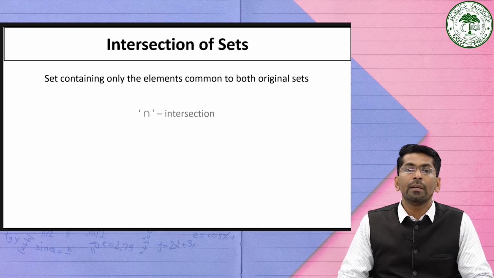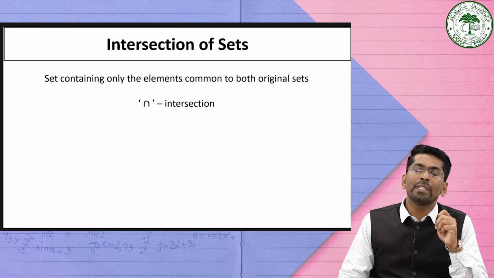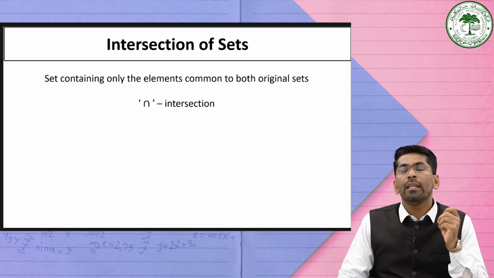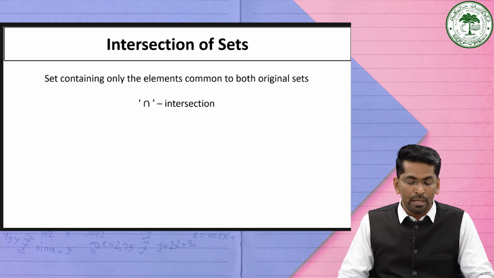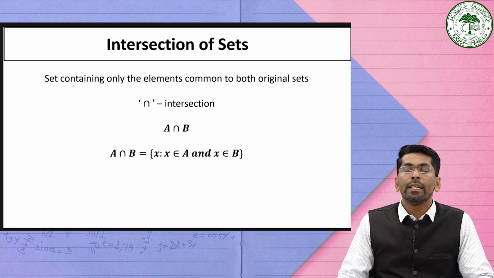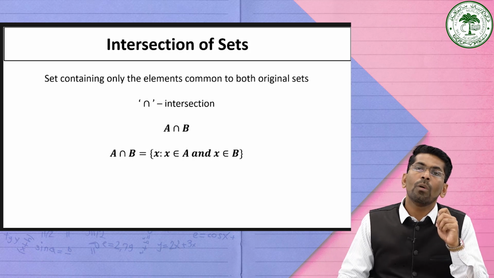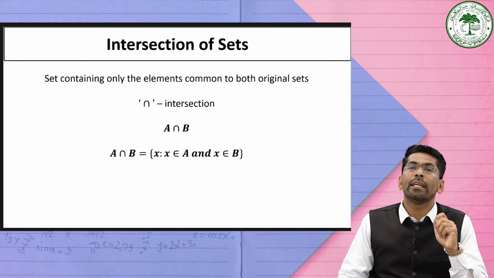This is generally denoted by the symbol, an inverted U. If we have two sets, say set A and set B, then the intersection is denoted as A ∩ B, defined as A ∩ B = {x : x ∈ A and x ∈ B}. We read it as the set of all elements x such that x belongs to set A and set B. That means A ∩ B includes all elements that are common to both set A and set B.